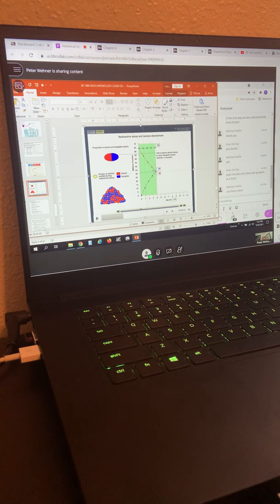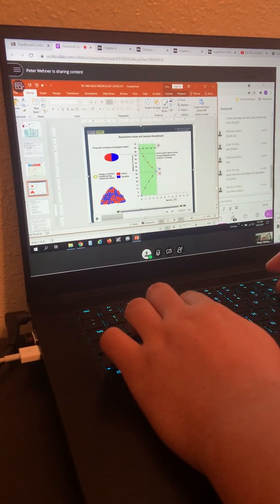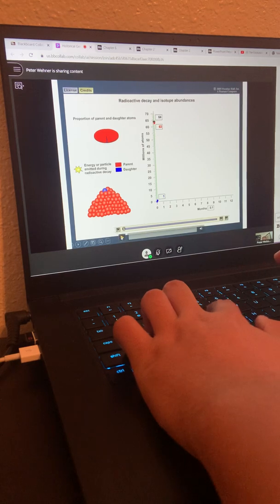So in another 4 months, it's not going to be 0. In another 4 months, 32 should become what? Let me make this bigger so it's easier to see.